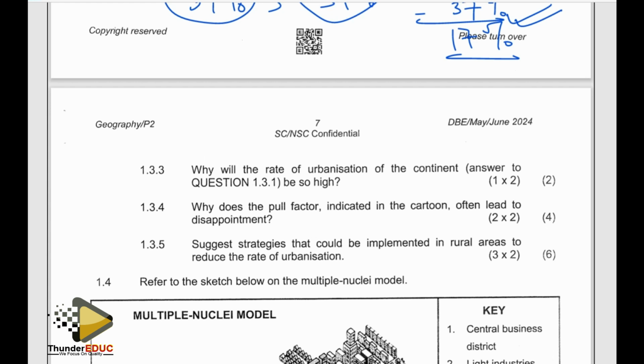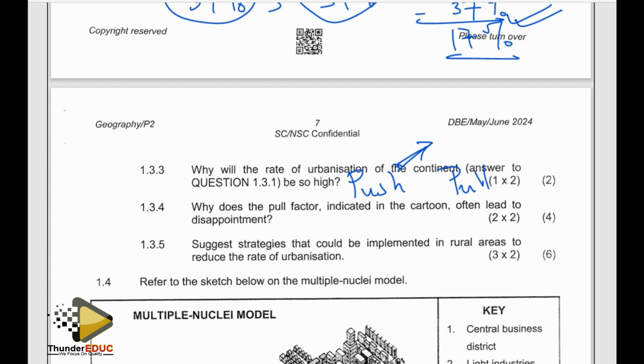You explain it on the perspective of either the push side or the pull side. If you explain it on the side of push factors, you look at what drives or what forces people away from rural areas. What is uncomfortable that makes people want to move out of rural areas to go and stay in cities and towns?